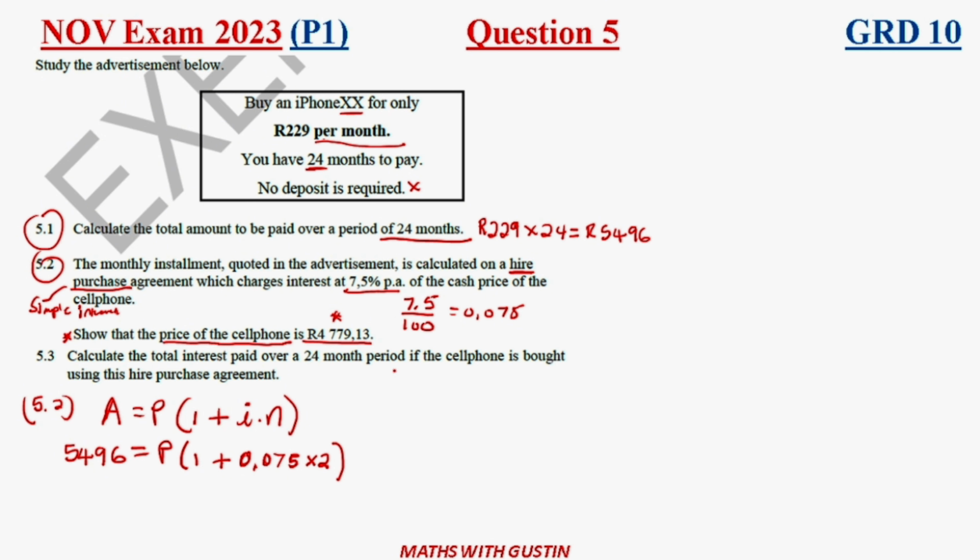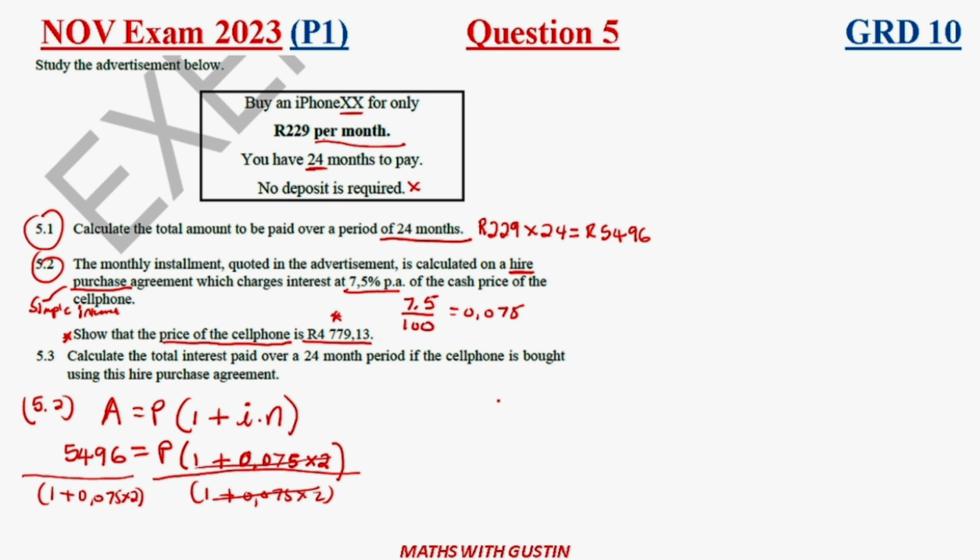So now we divide, because we're looking for P, we're going to divide both sides by this bracket here: 1 plus 0.075 times 2. So this and that would cancel out.